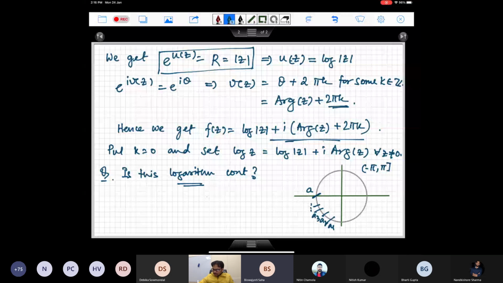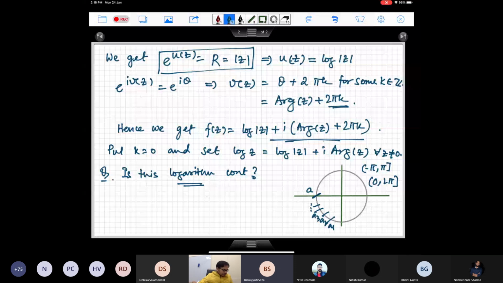And it does not matter if, in place of minus pi to pi, I would have taken this one closed, still there would have been a problem. Or if I would have taken, let's say, 0 to 2 pi, still there would have been a problem somewhere. So in general, the argument function for z not equal to 0 is not a continuous function.